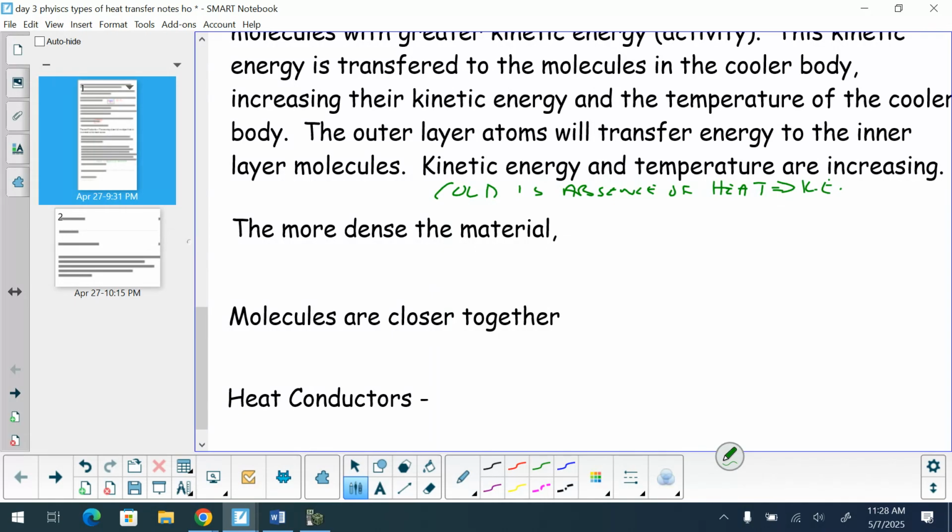Whatever you're cooling down is losing kinetic energy. When you lose that kinetic energy, you lose heat, because heat, or temperature, is proportional to the average kinetic energy. So I'm losing kinetic energy, I'm losing temperature, I'm decreasing in temperature.